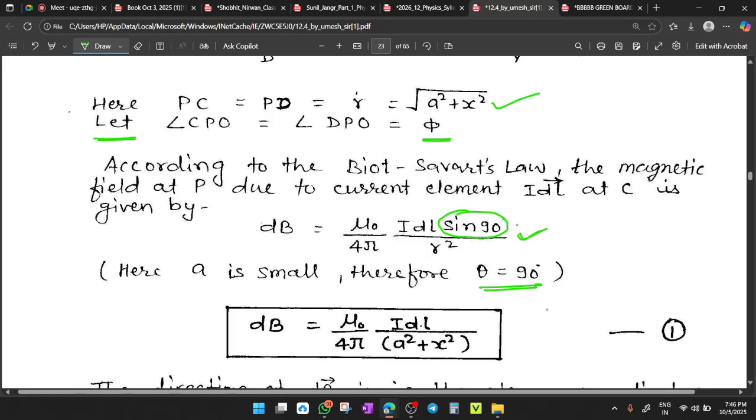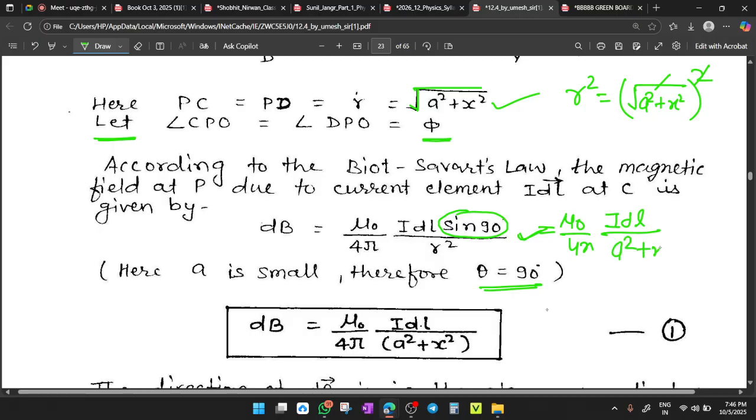Right? So this is equal to mu naught upon 4 pi, I dl upon r squared. My dear, what is r? r equals under root a squared plus x squared. So r squared equals a squared plus x squared, as the square and root cancel out. Clear? So this is the magnetic field because of this point C.